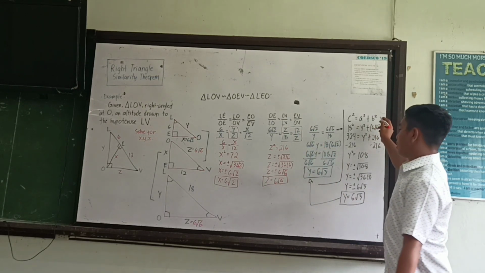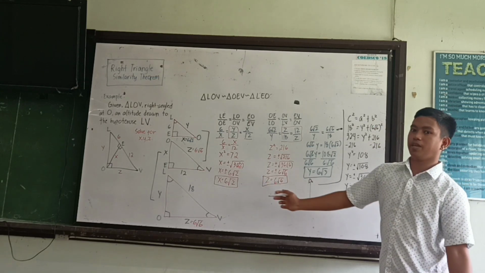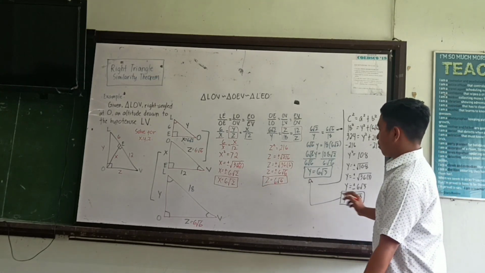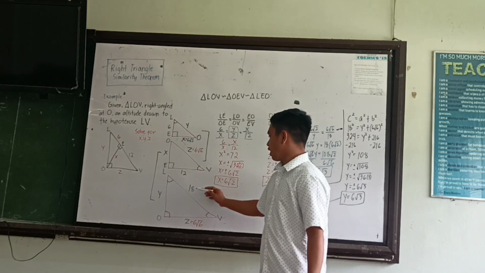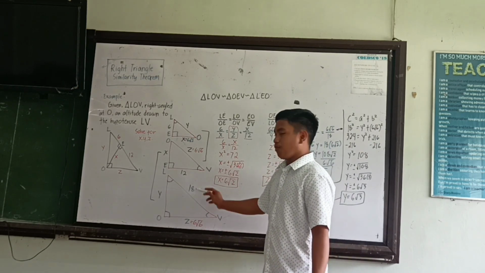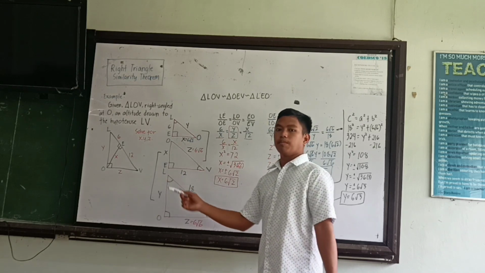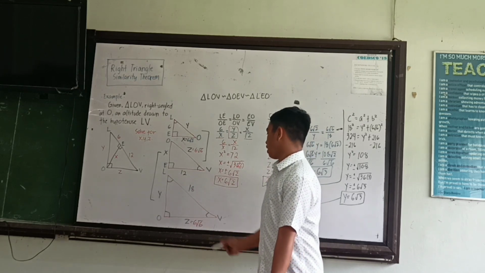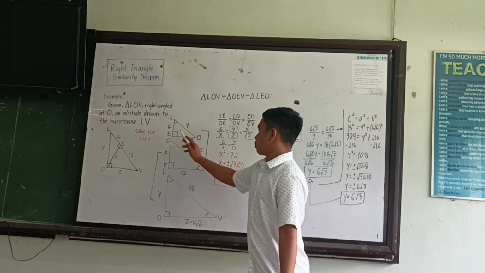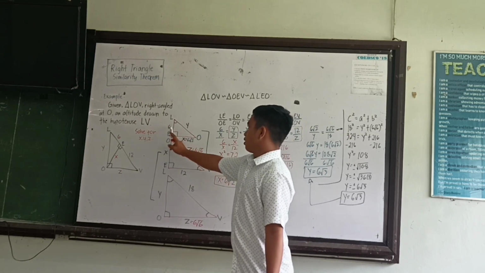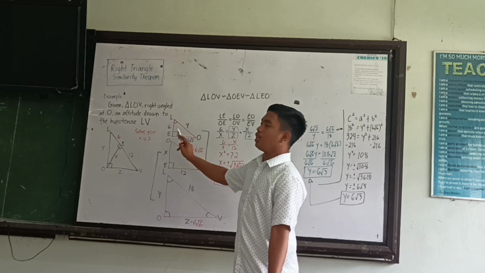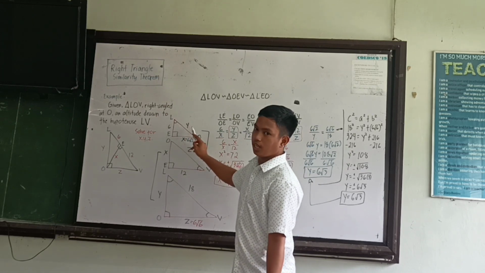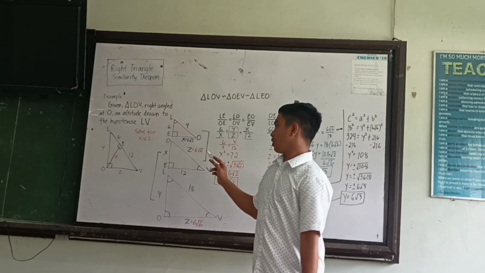However, you can use the Pythagorean theorem to solve the missing sides of a right triangle, because as you can see here, there are given lengths which satisfy the Pythagorean theorem, because this is a right triangle. So for the smaller triangle, the leg 1, 6, and x equals square root of 2 is already given, so you can just find the value of y, the hypotenuse, using the Pythagorean theorem.